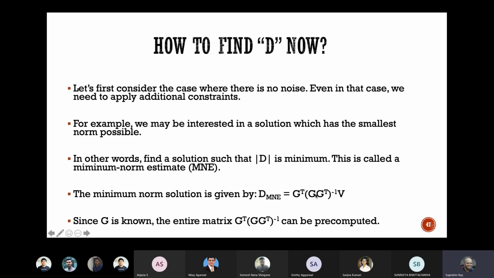So you can compute G transpose, GG transpose inverse upfront and store that. And then whenever I give you a 64 cross 1 voltage trace, you will get a 10,000 cross 1 dipole vector. And if I give you a time series of voltage, you will get a time series of dipoles. Okay. So this one we solved.